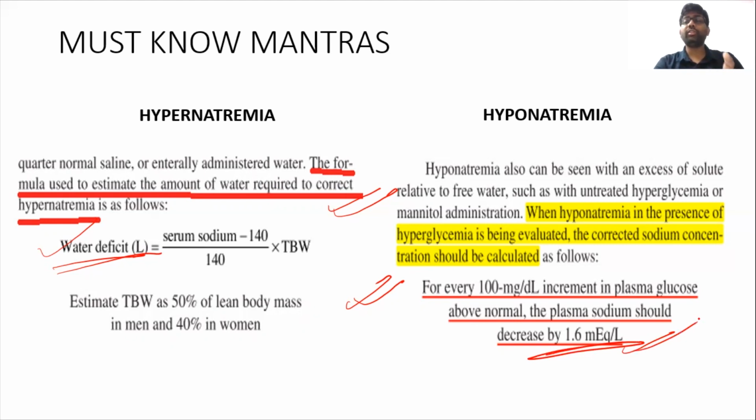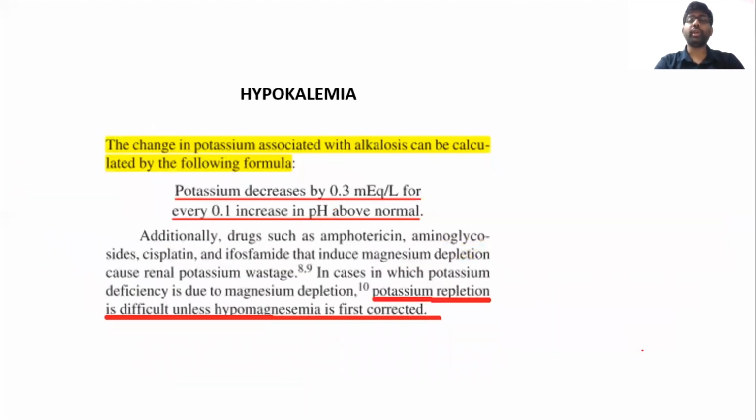Next, a similar thing is about potassium and its relation with the pH. Always try to remember that the change in potassium associated with alkalosis can be calculated by this formula: potassium decreases by 0.3 milliequivalent per liter for every 0.1 increase in the pH above normal. This is also a very important statement, taken straight from Schwartz.